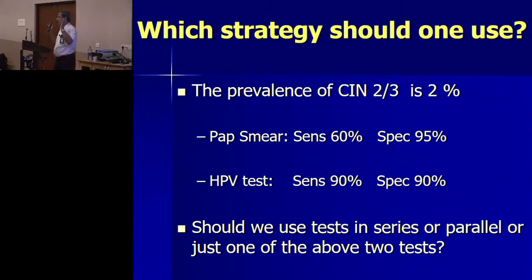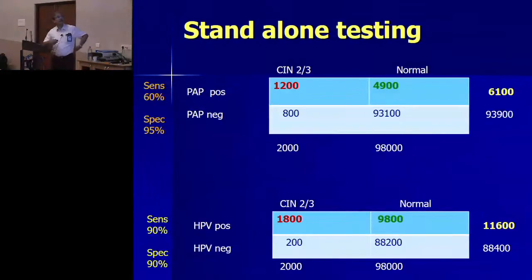You're supposed to do screening on 100,000 women in this area, in one district or one block. So let's try standalone testing first. Standalone means just one test. If you do pap smear, sensitivity is given as 60%, specificity is 95%. You've got 100,000 women.